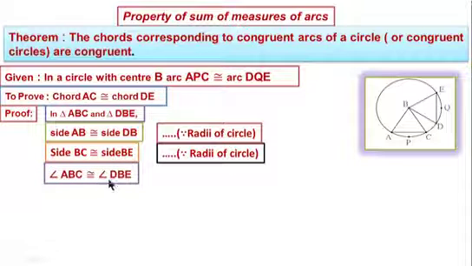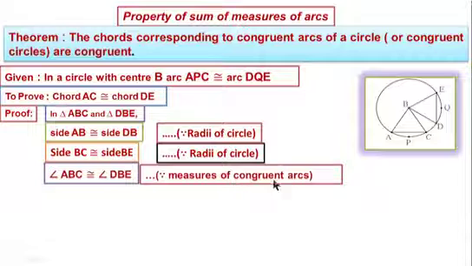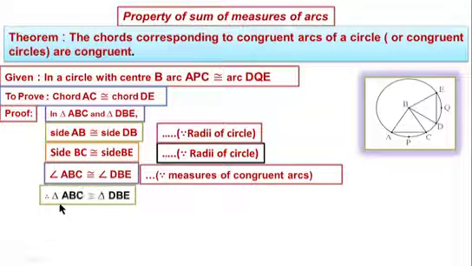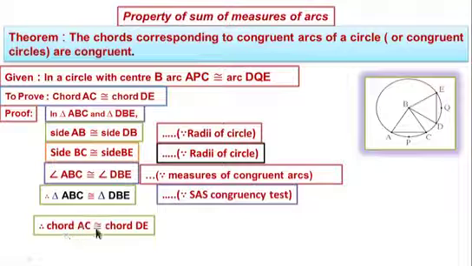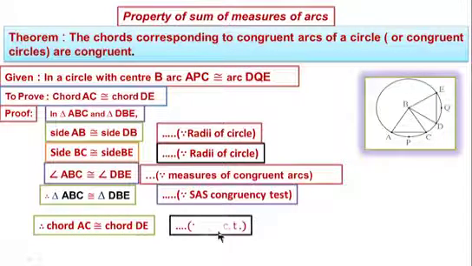Angle ABC is congruent to angle DBE, measure of congruent arcs. Therefore, triangle ABC is congruent to triangle DBE by the side-angle-side congruency test, and therefore chord AC is congruent to chord DE, corresponding sides of congruent triangles.